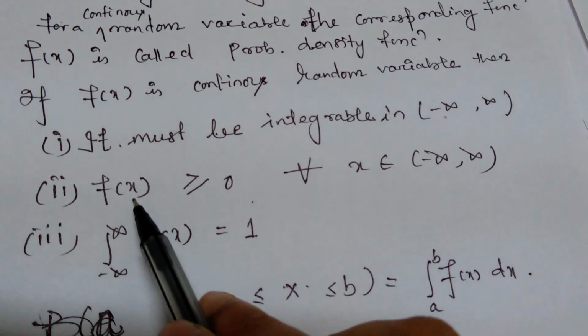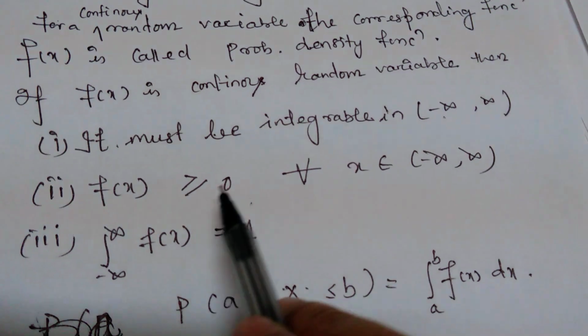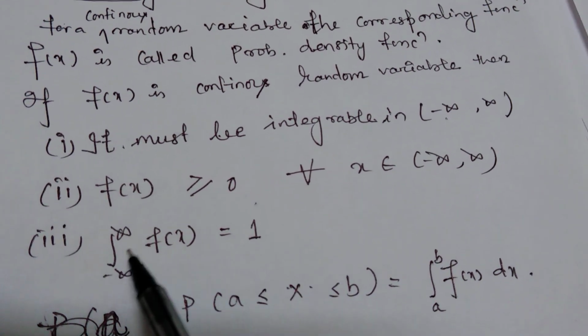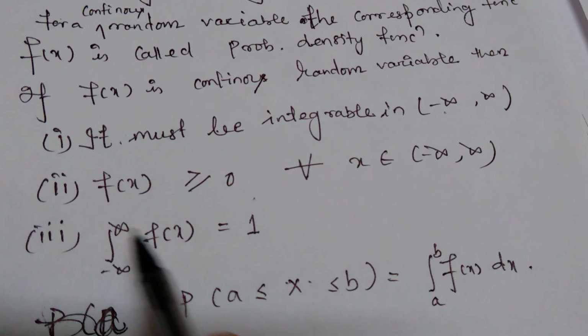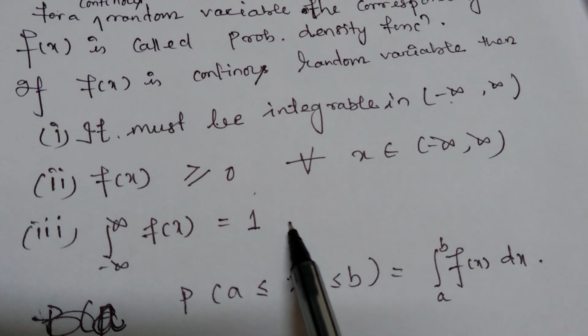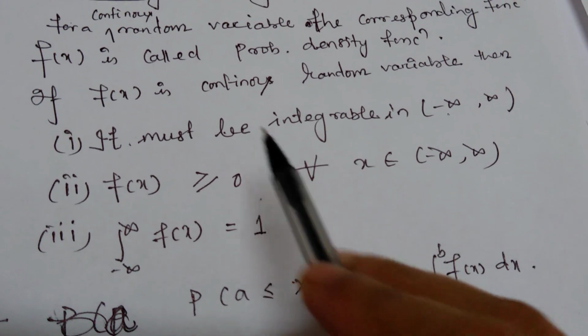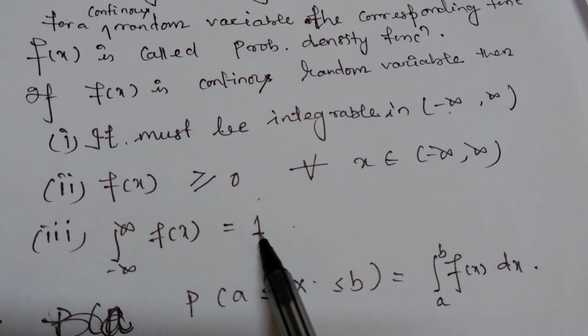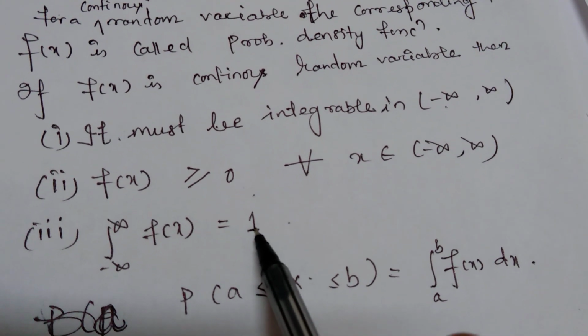Here also the same, the f of x value must be positive, or it may be 0 but can never be negative. Now the total integration of the function f of x is equal to 1. That is the concept of total probability. If any function satisfies these three conditions, then we say that it is a probability density function.